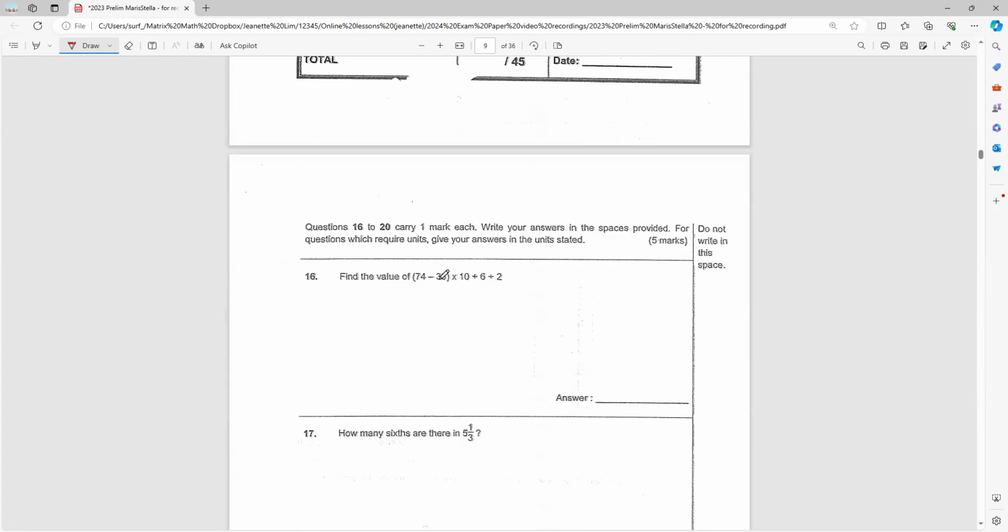Okay, let's look at question 16. Booklet B. Find the value of, this is order of operations, 74 minus 36 in brackets times 10 plus 6 divided by 2. Let's do brackets first.